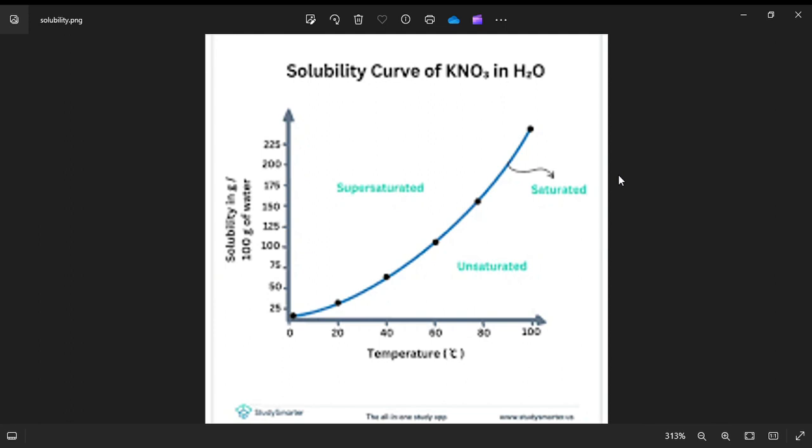Then temperature is also a very important factor that affects solubility. If your temperature is not where it's supposed to be, your solute will not dissolve. And if it is too much, expect another reaction. Then the last factor is pressure, and that is actually for gases.